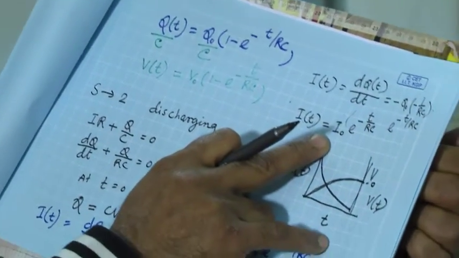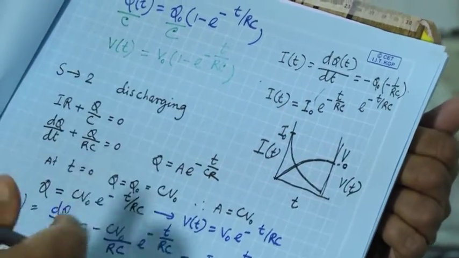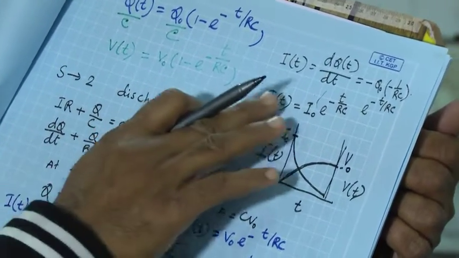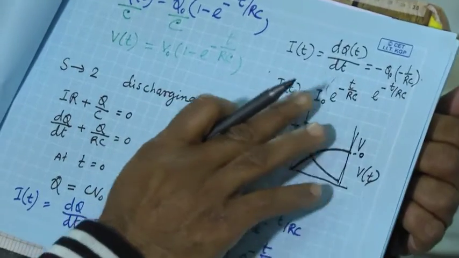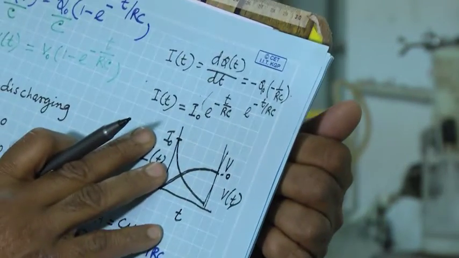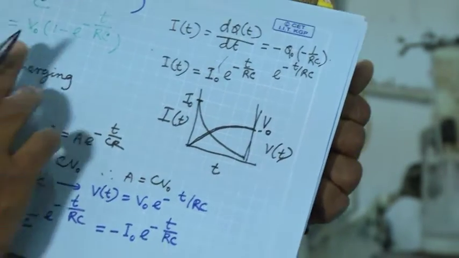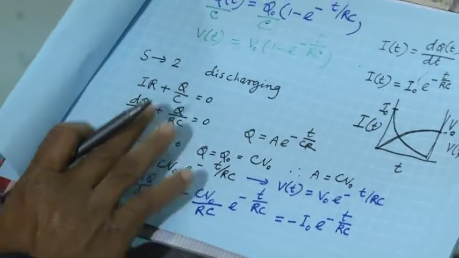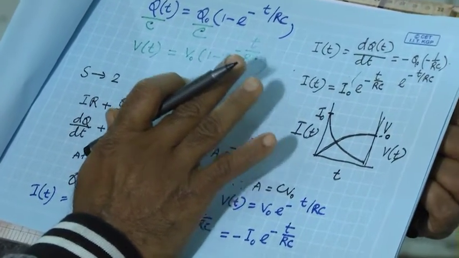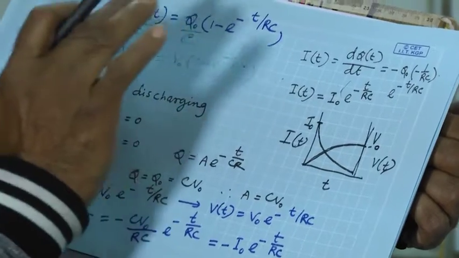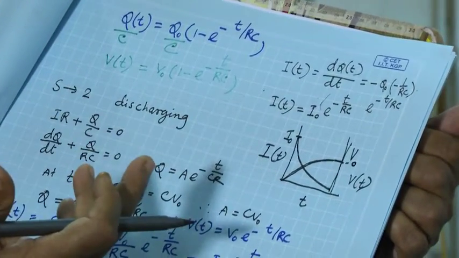Whatever the case, either voltage, charge or current, it is 1 by e times or 1 minus 1 by e times. This 1 by e factor is very important.